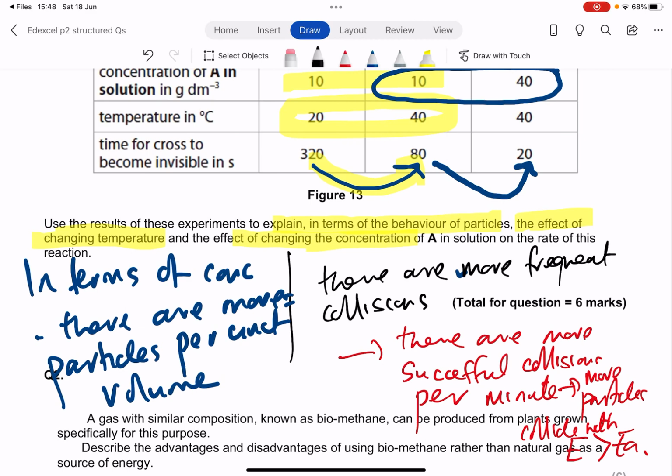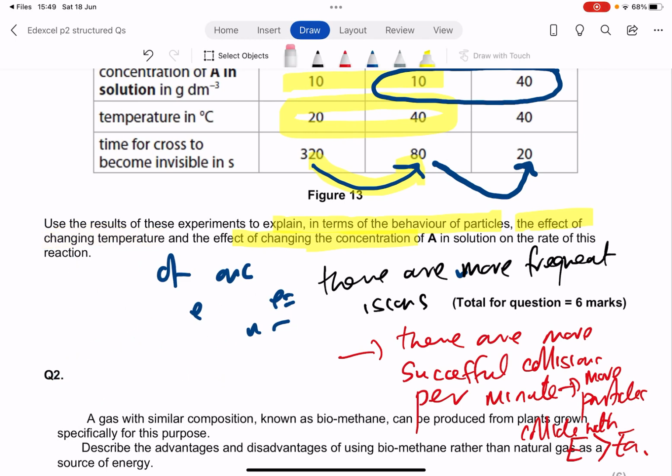Alternatively, you can say the number of collisions has gone up 4 times. There is greater frequency of successful collisions per unit time, per second, and therefore, there are more collisions with energy above activation energy. And that's how you would tackle a 6 marker here.